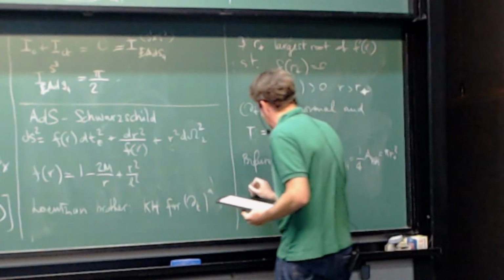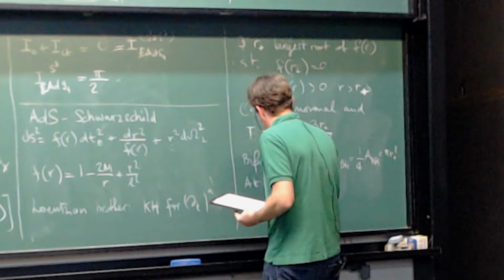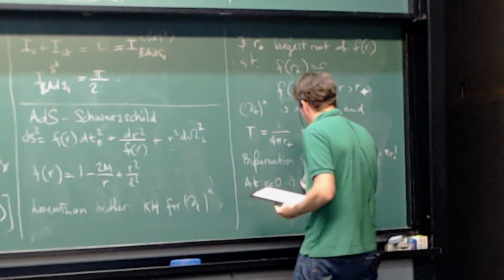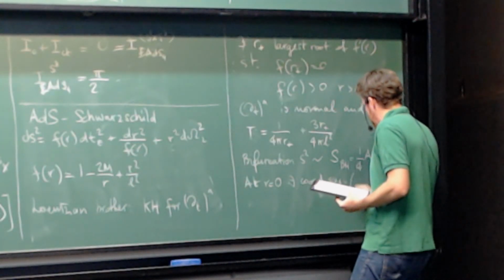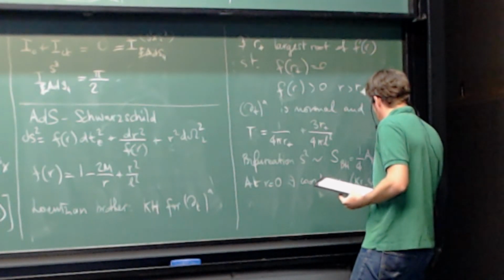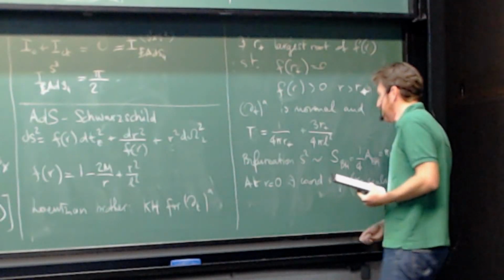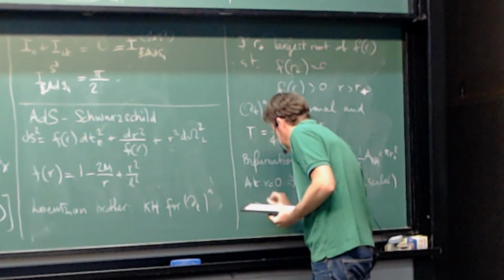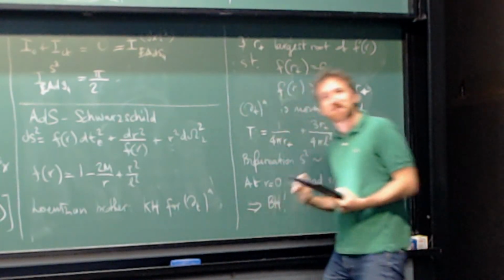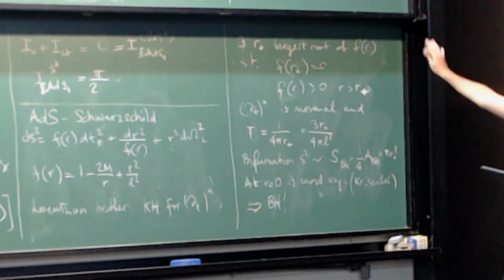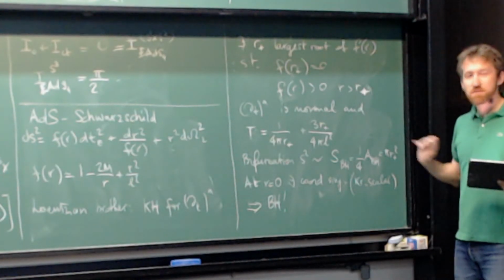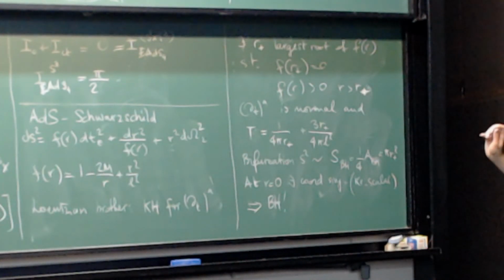Moreover, at r equal to 0, there is a real singularity. You can compute the Kretschmann scalar and show that it diverges there. So this is really a black hole. Okay? These are all Lorentzian computations. Questions about this? No. Good.